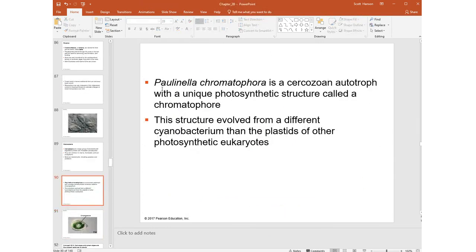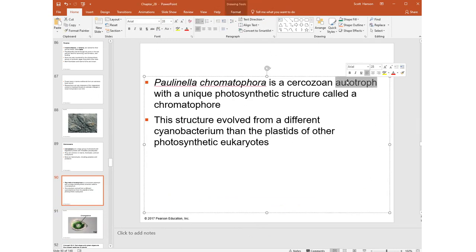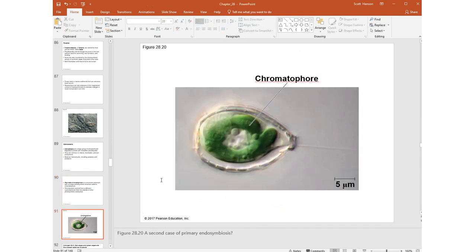And then Paulinella chromatophora is a cercozoan autotroph with a unique photosynthetic structure called a chromatophore, and it evolved from different cyanobacteria than the plastids of the photosynthetic eukaryotes. That's what they're figuring then. And here you can see that chromatophore in the cell.